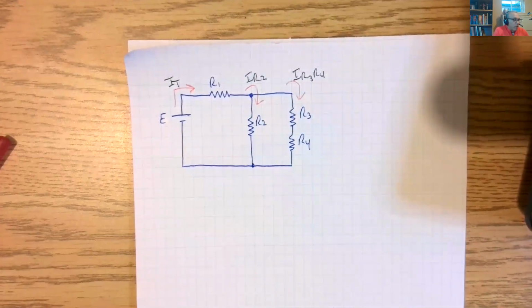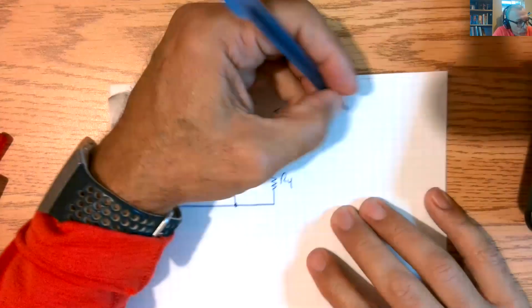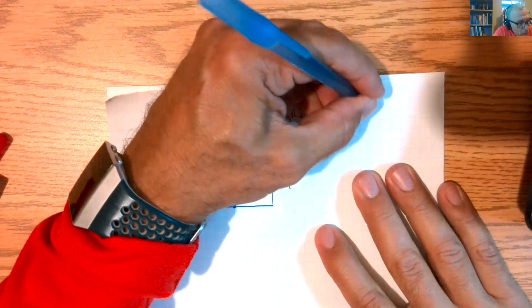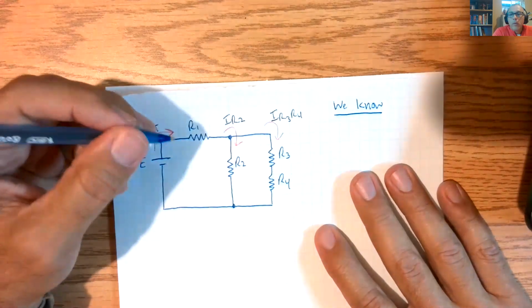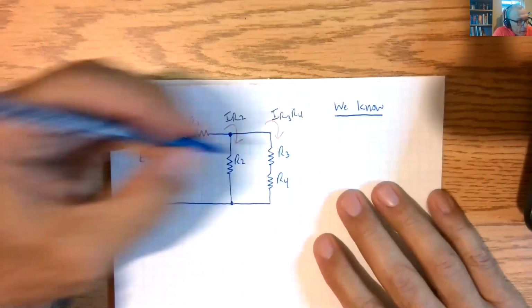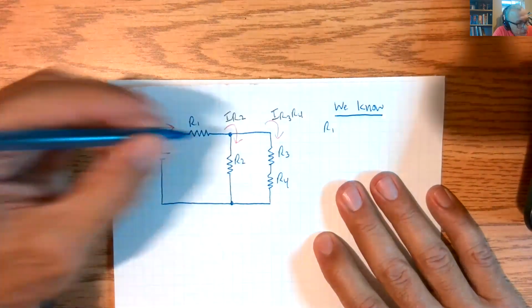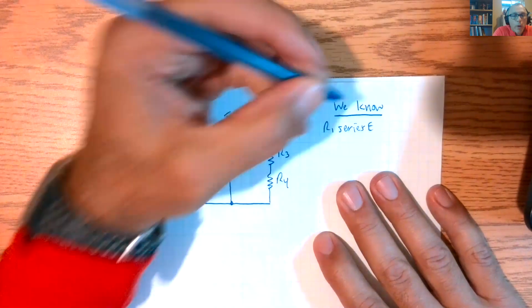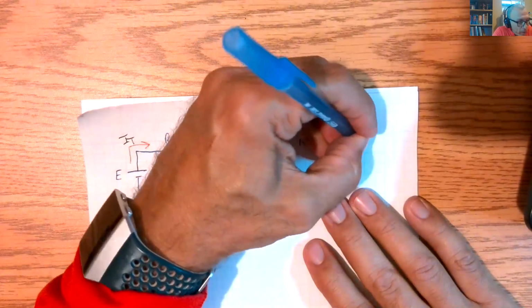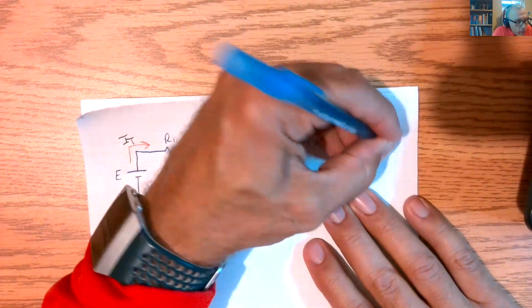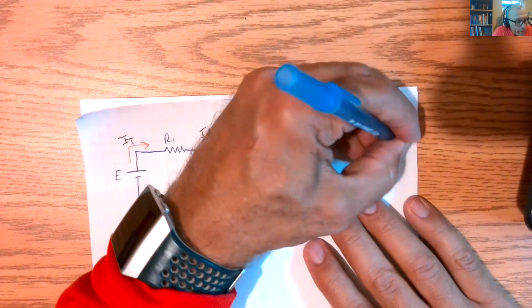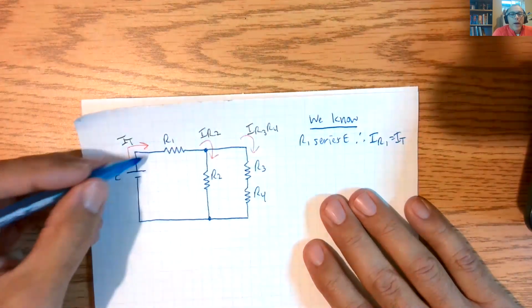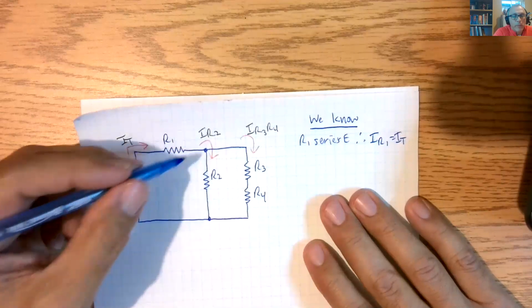Once again, we know that R1 is in series with E. Therefore, IR1 is equal to IT. IT is passing through R1 and comes out.